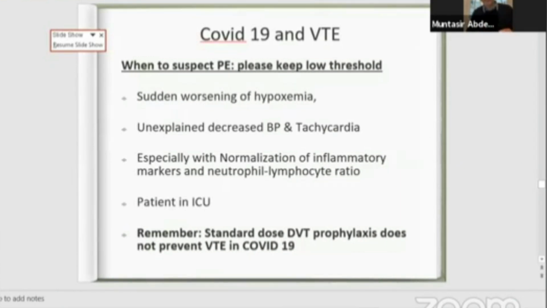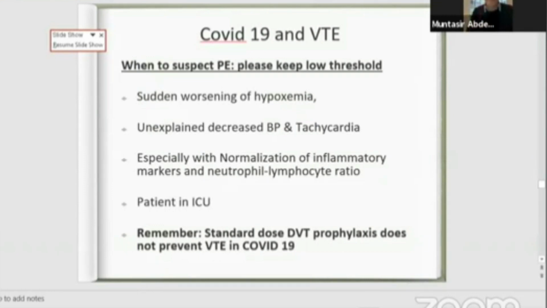In this patient, if you notice that there is deterioration in their hypoxemia and also the blood pressure, and they are having tachycardia, you suspect PE. And you have a very, very low threshold in suspecting PE in people in intensive care. About 1/3 of these patients develop PE.